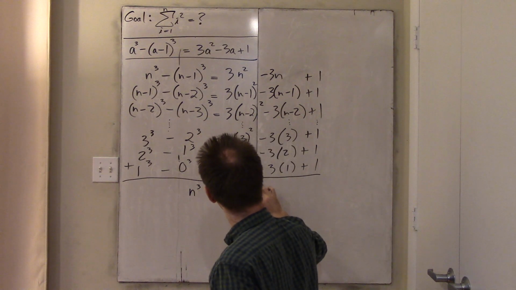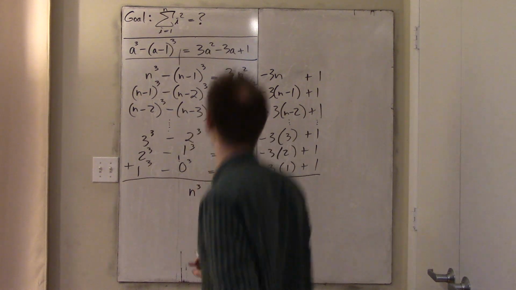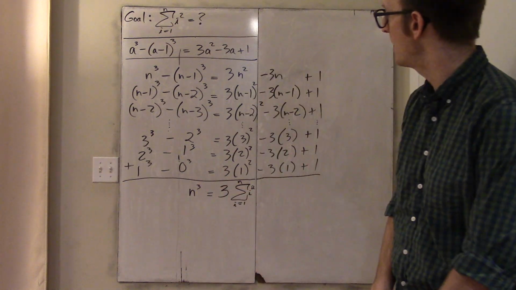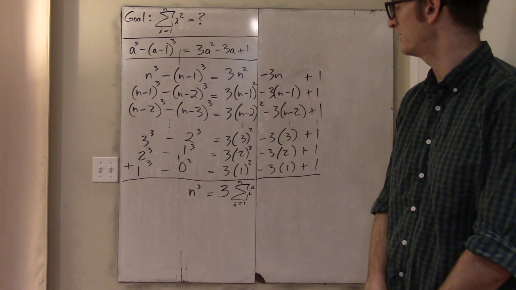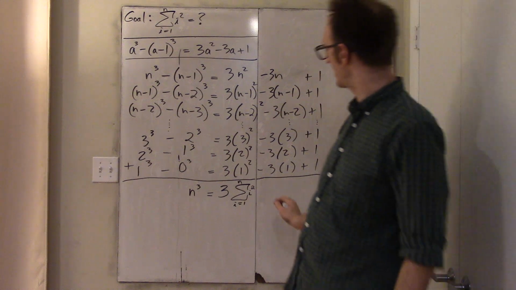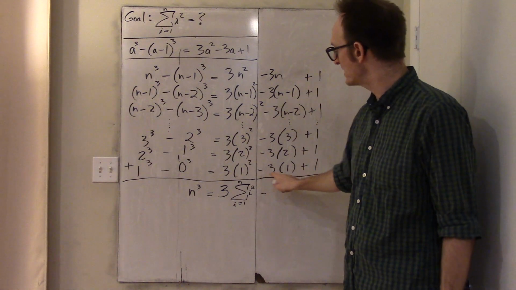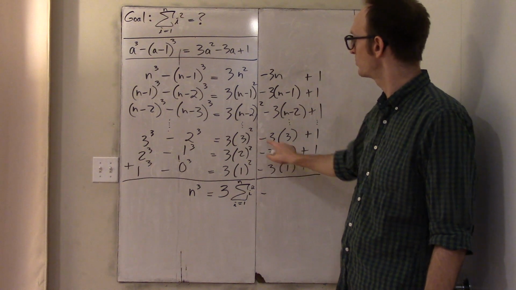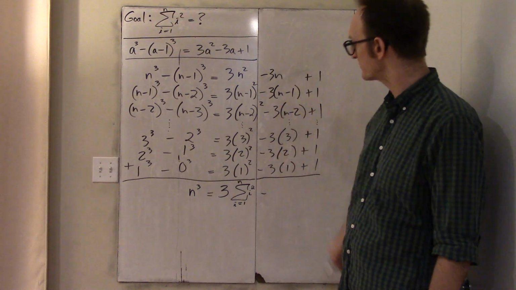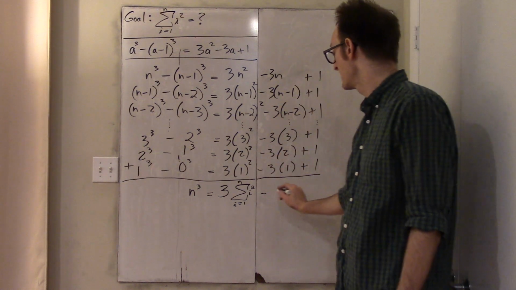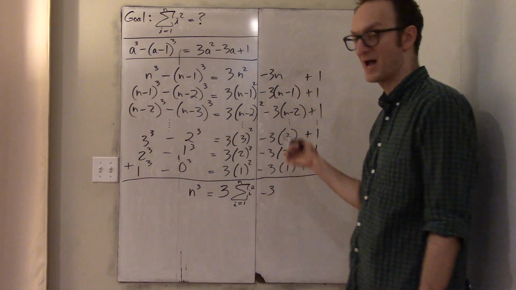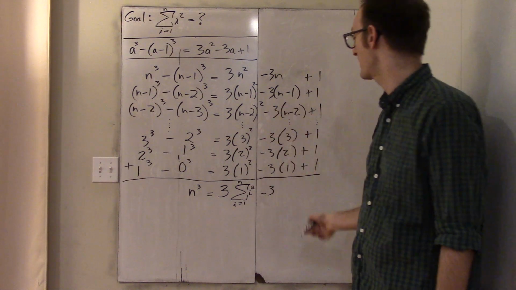So the goal of this whole thing emerges in this calculation. Okay, wait, let's keep going. I have something more to say in a second. What's next? I'm adding minus 3 times 1, minus 3 times 2, minus 3 times 3, all the way up to minus 3 times n. That's just negative 3 times 1 plus 2 plus 3 plus 4 all the way up to n.